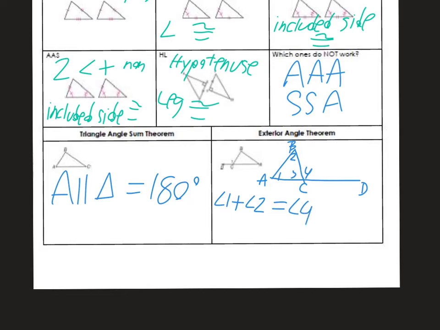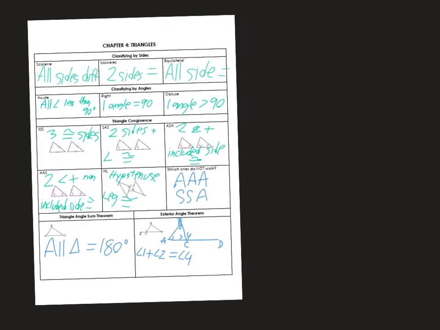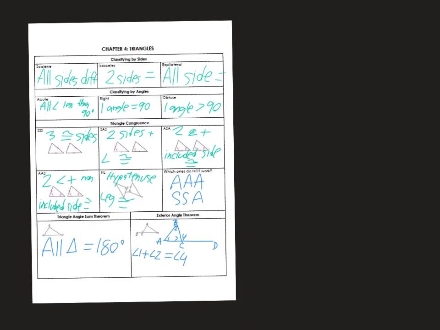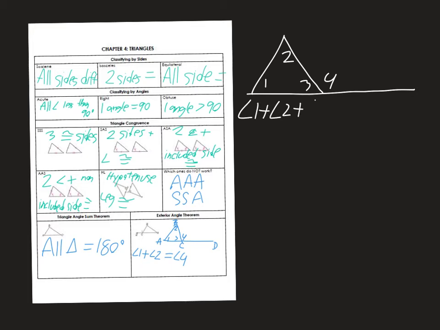The reason why that's true has to do with our triangle angle sum theorem as well as our linear pair idea. Because in a triangle with angles 1, 2, 3, and 4, our triangle angle sum theorem says that angle 1 plus angle 2 plus angle 3 must equal 180 degrees. And our linear pairs definition says that angle 3 plus angle 4 must equal 180 degrees.